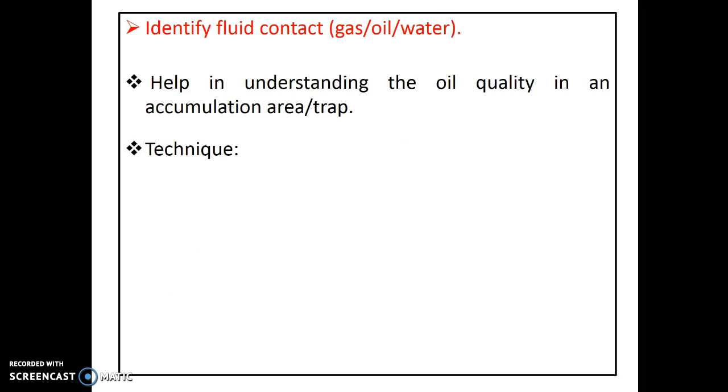Alright, as part of assessing oil quality as the role of a development geochemist, you need to identify the fluid contact, as this will also affect the properties of oil. As a petroleum geochemist, you need to have an understanding of the oil quality in accumulations or traps.